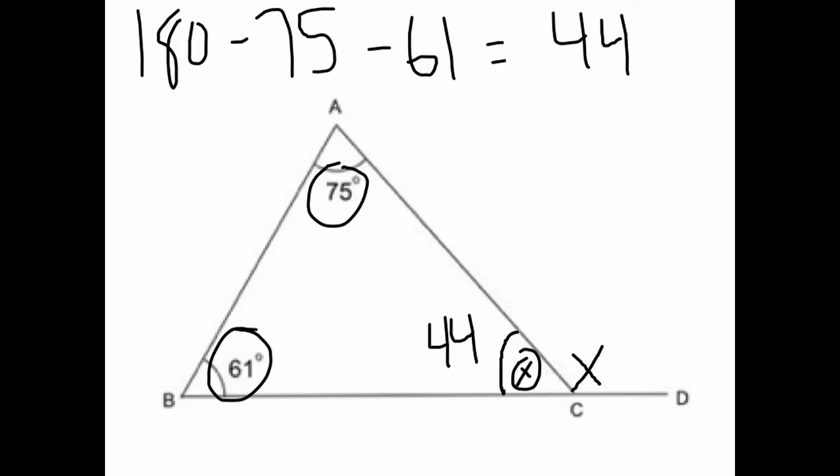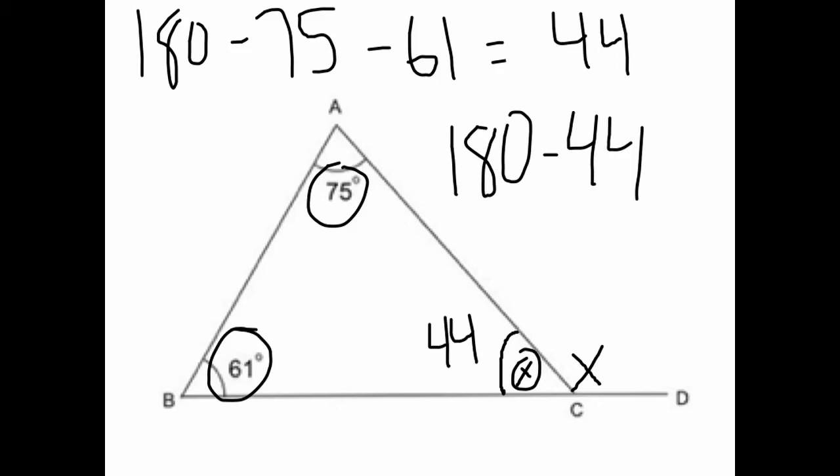Now that I know that, I can see that angle ACD and ACB are along a straight angle, which means that this value is the supplement of this value. So I know that angle ACB and angle ACD must add up to be 180 degrees. So all I'm going to do is 180 minus 44.